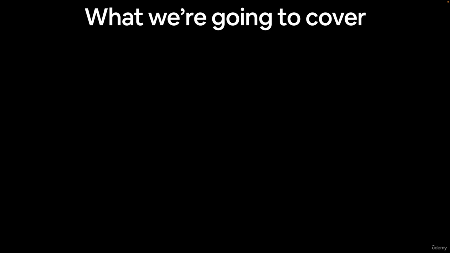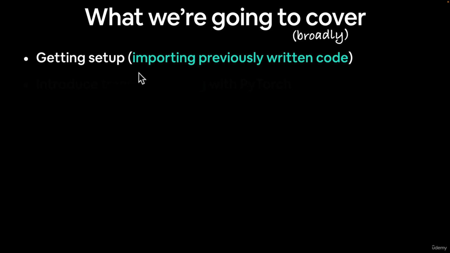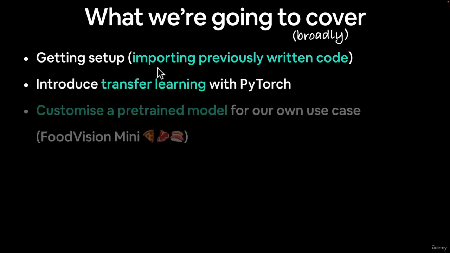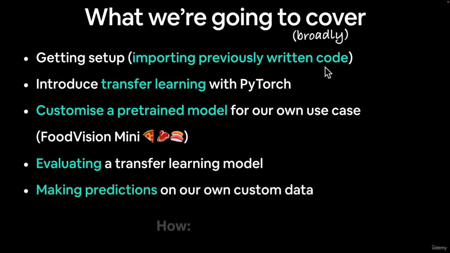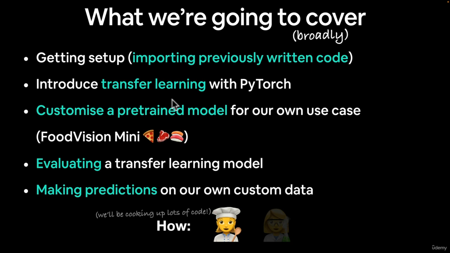And let's finish off what we're going to cover broadly. Getting set up, we don't want to rewrite all of our code from scratch. We're going to import our previously written code from other sections, especially the Going Modular section. We'll introduce transfer learning with PyTorch code. We've looked at it already from a conceptual point of view, but you know I like to learn hands-on, and I hope you do too.